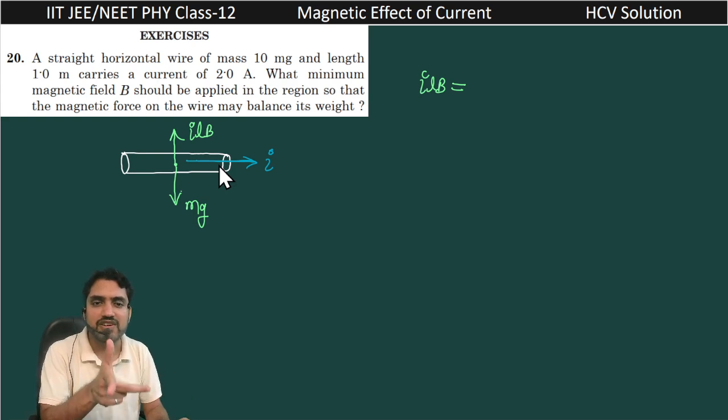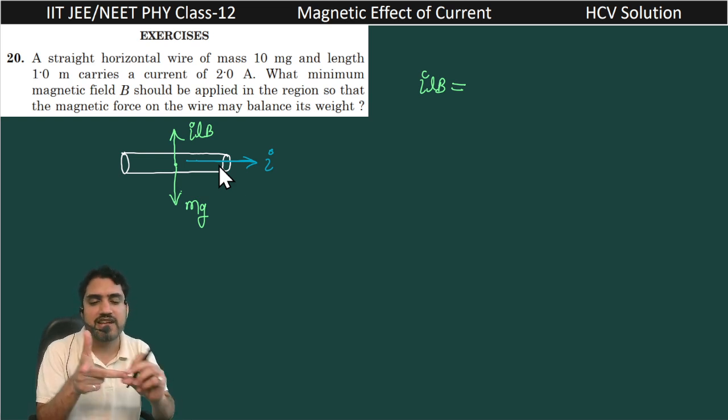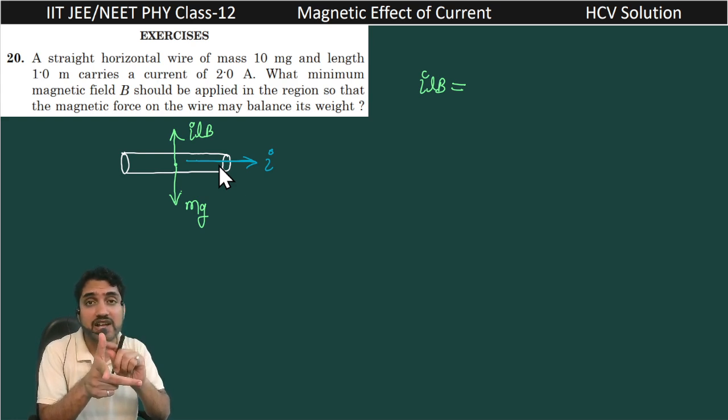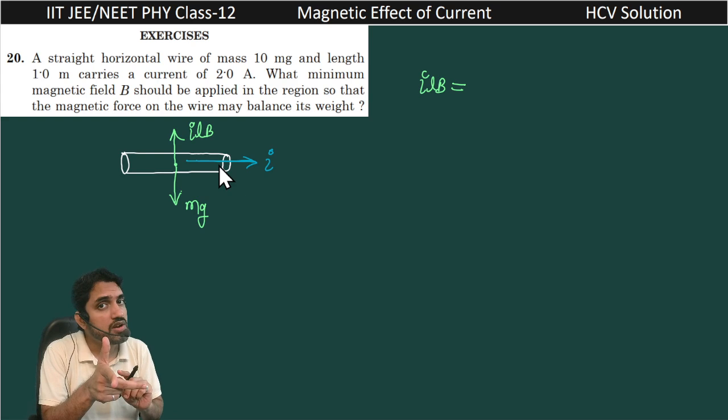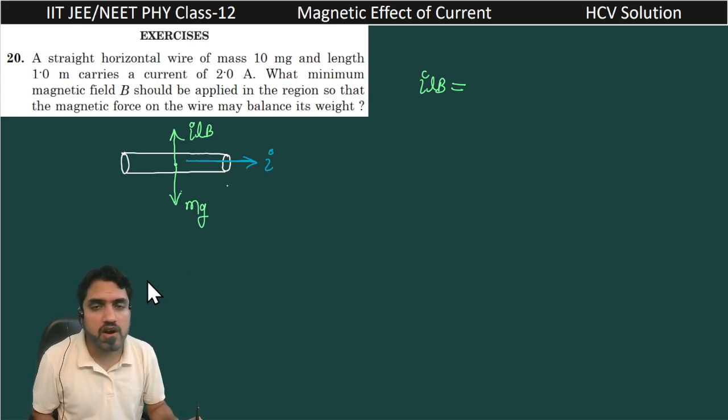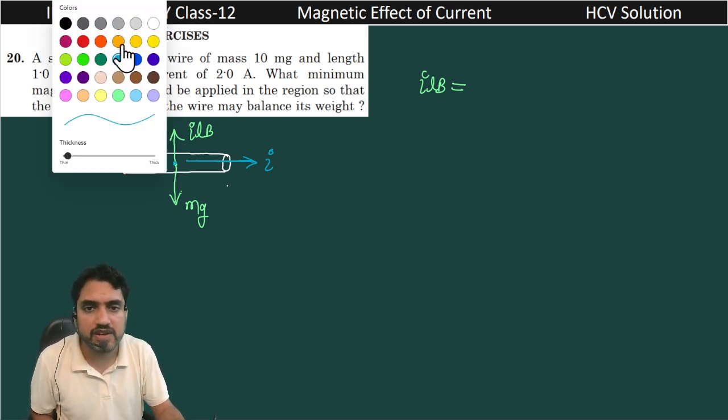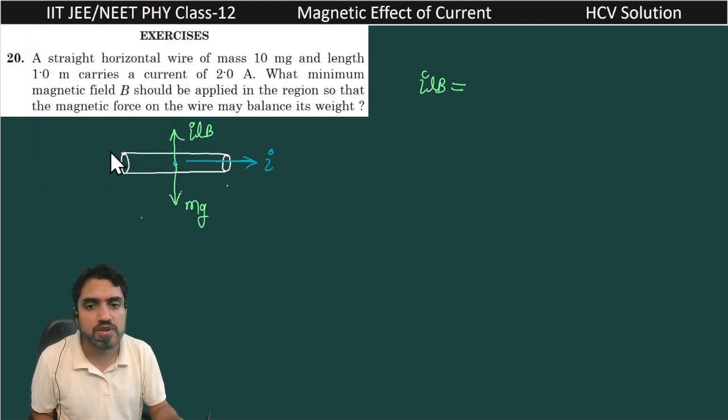The magnetic field should be into the plane of the paper, because we require a magnetic force in the upward direction so that it will balance the weight of the wire. So the direction of the magnetic field will be into the plane of this paper, and we can represent it using this cross.